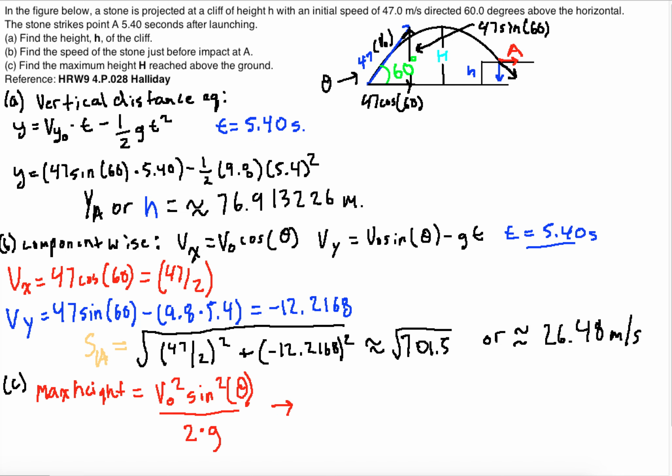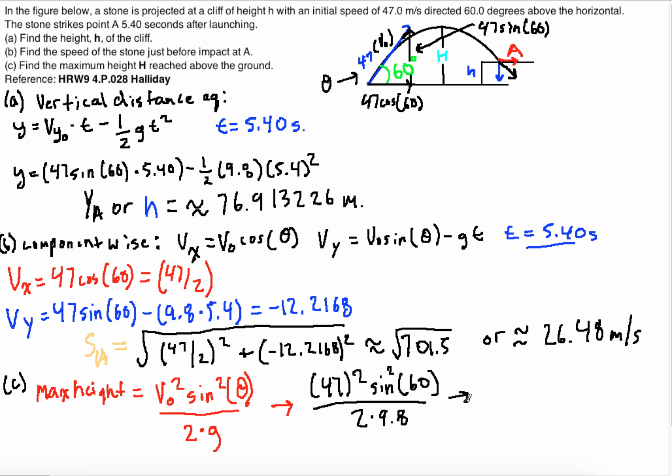In this case, all we have to do is plug in our values. We get 47 squared times the sine squared of 60 degrees, divided by 2 times 9.8 for gravity.